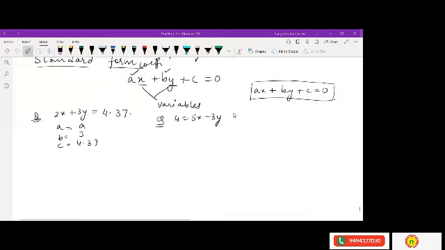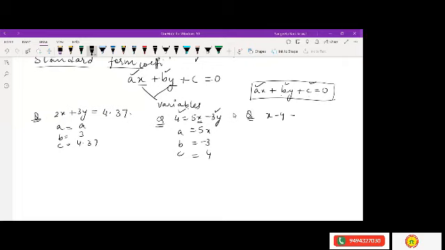A is 5, B is -3, and C is 4. Yes, very good. The coefficient attached with variable x is A, with y it is -3, and the constant term is 4.